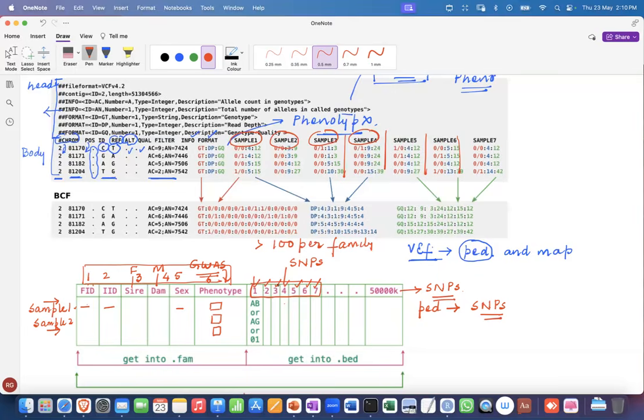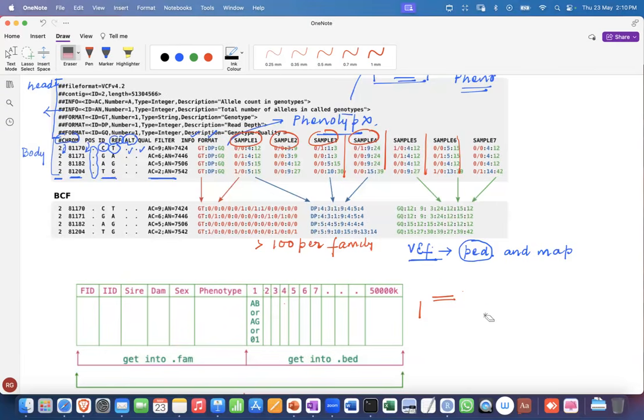In addition to that, you'll have SNPs as columns. And for every sample, you'll have the details of 6 columns: the family ID, the individual ID, the sire and dam, the sex, as well as the phenotype. Is that clear? So this is how a PED file looks.